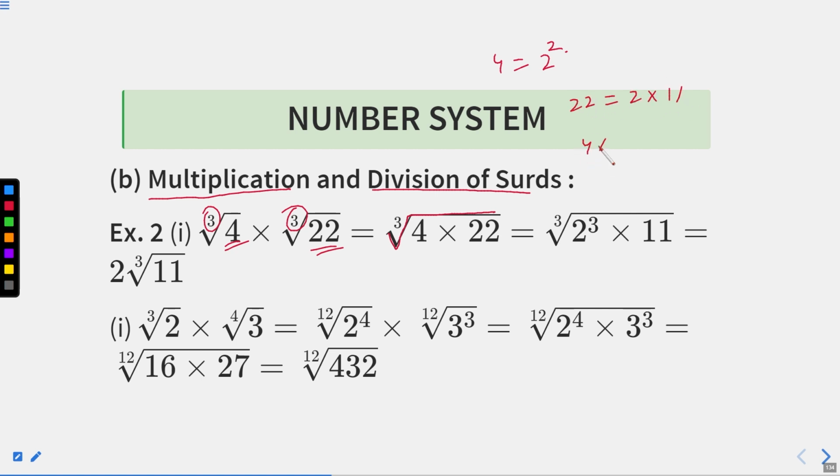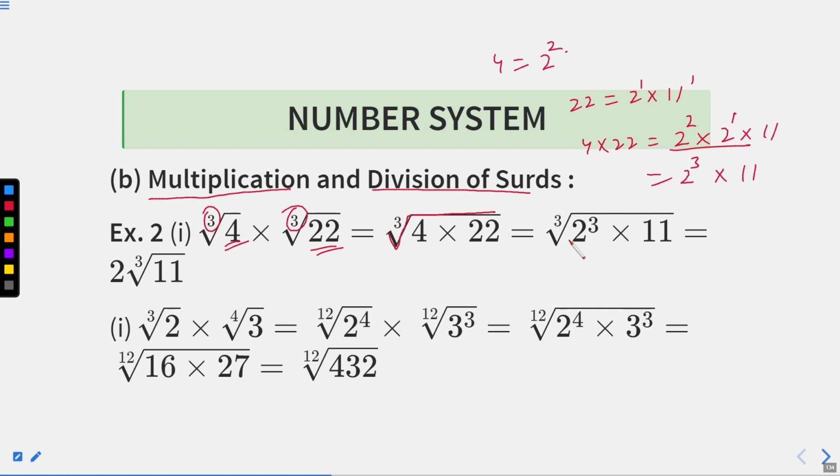So 2 squared times 2 to the power 1, the total number of 2s is 3, so 2 cubed into 11.